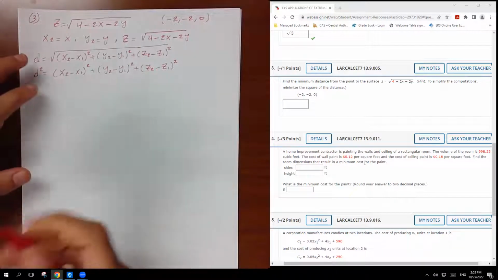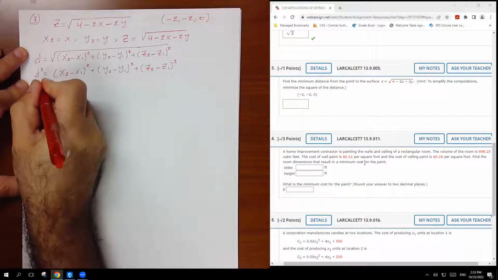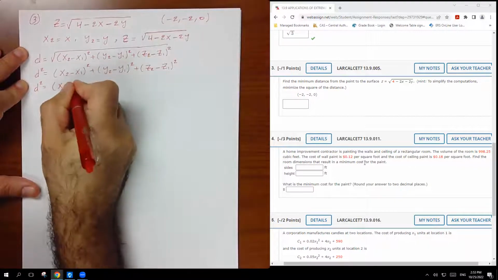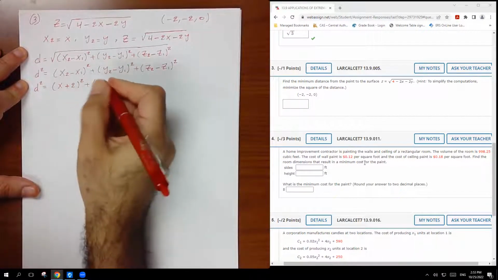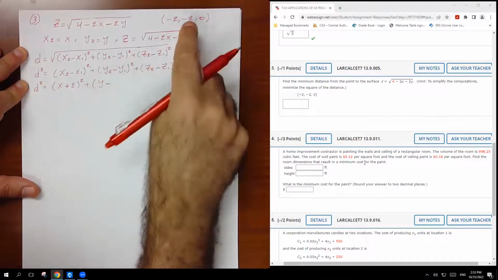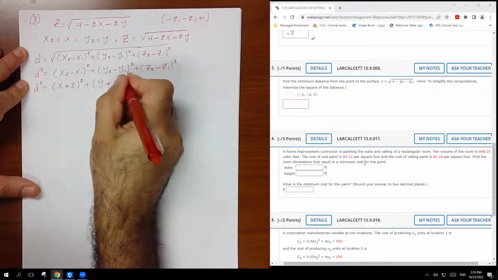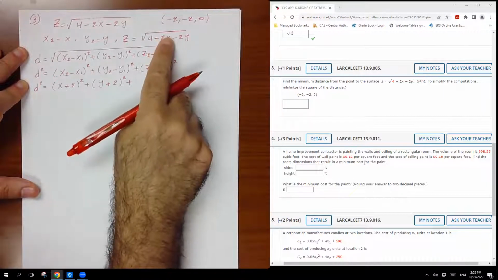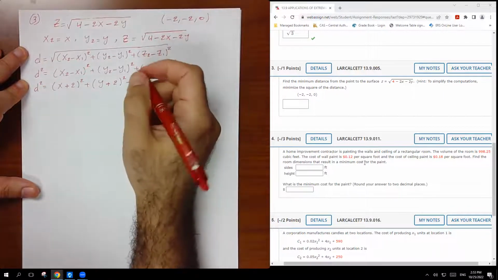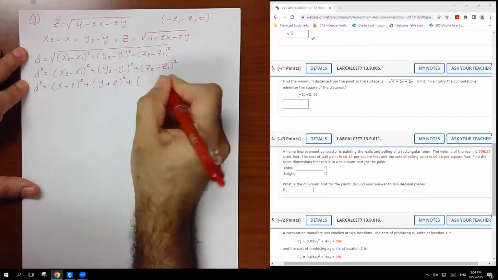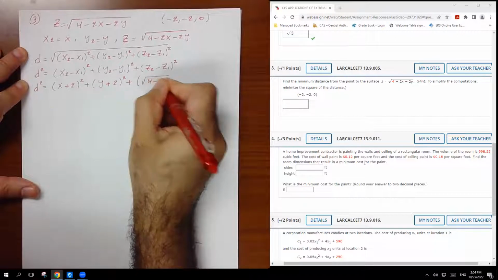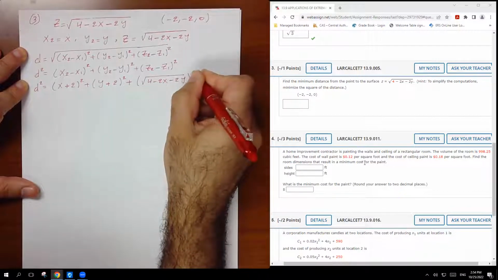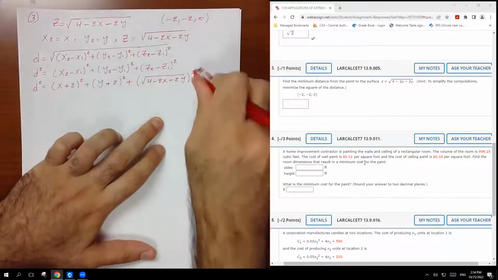Next step, I'm going to plug in. So d squared is going to be x2, which is x, minus x1, so it's going to be x plus 2 squared, plus y2, which is y, minus y1, so it's going to be y plus 2 squared, plus z, which is the square root of 4 minus 2x minus 2y, squared, minus 0.